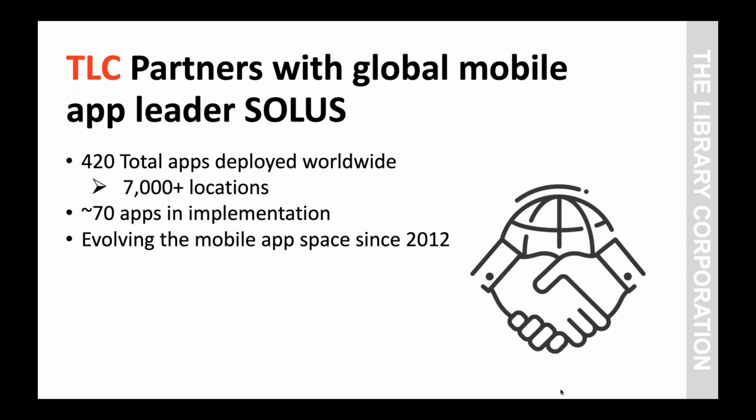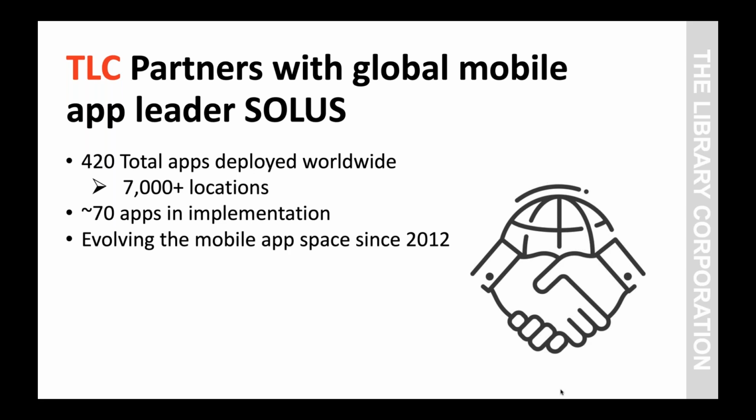So who are Solus? We've been developing public library apps now for over 10 years, and we have over 420. So this slide says 420 total apps. It's actually now 423, so it keeps on going up, which is great news. And those apps serve over 7,000 library locations across the world, predominantly in the UK, Ireland, the US, Canada, Australia, and New Zealand.